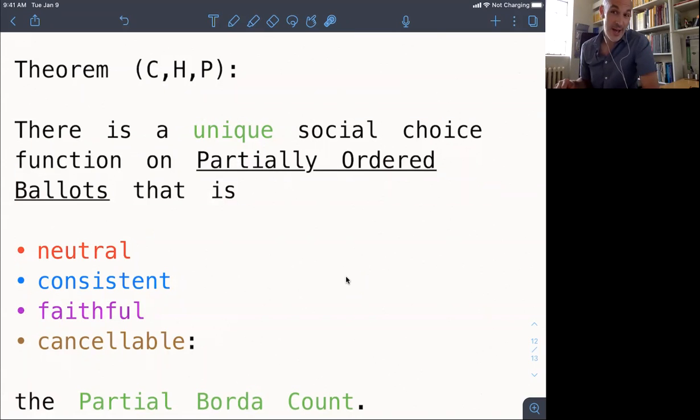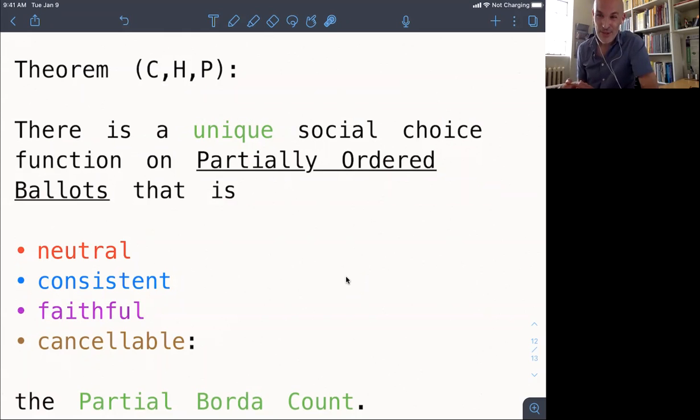This generalizes Young's theorem. This is literally word for word Young's theorem, except that if you just remove the word partial, then this is Young's theorem.